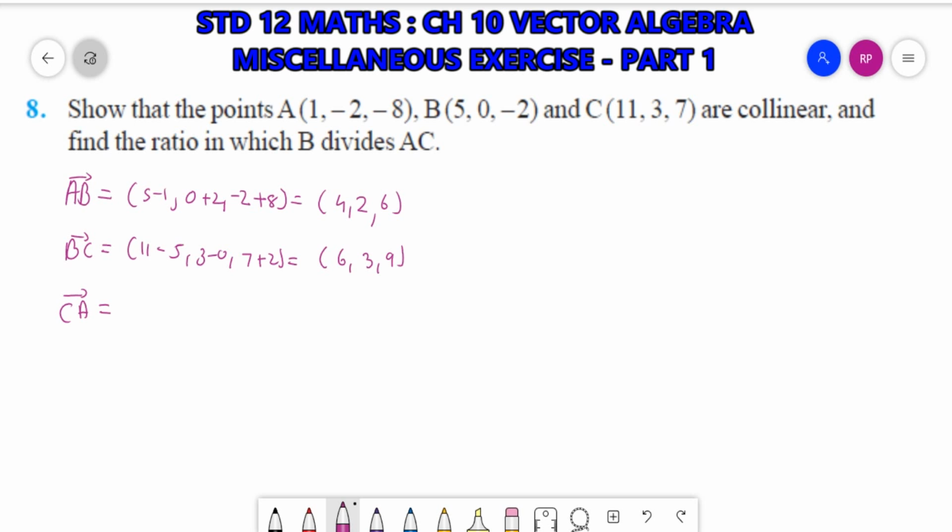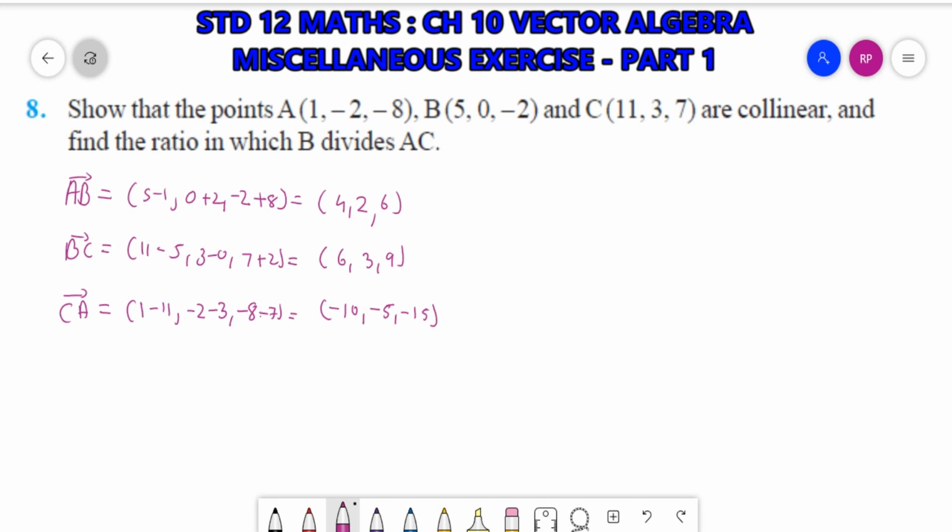CA will be 1 minus 11, -2 minus 3 and -8 minus 7, so -10, -5, and -15.